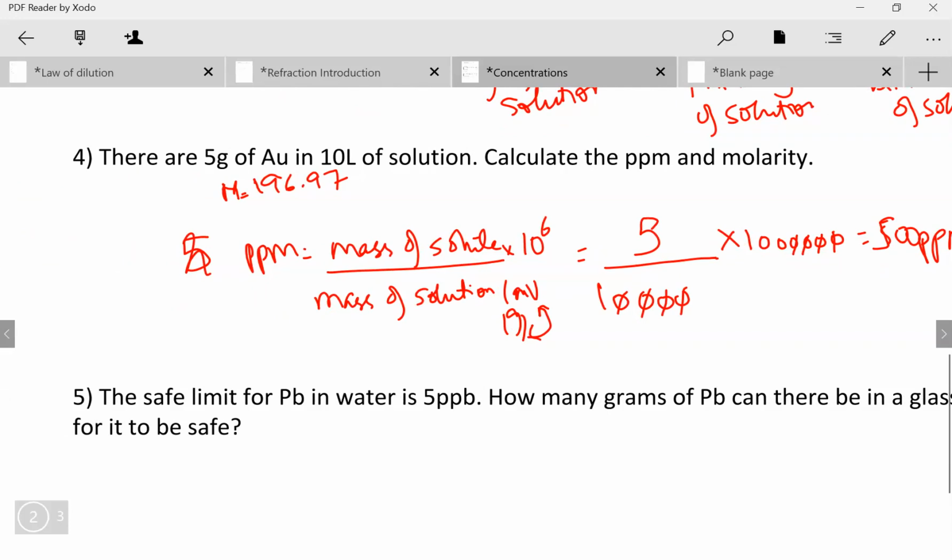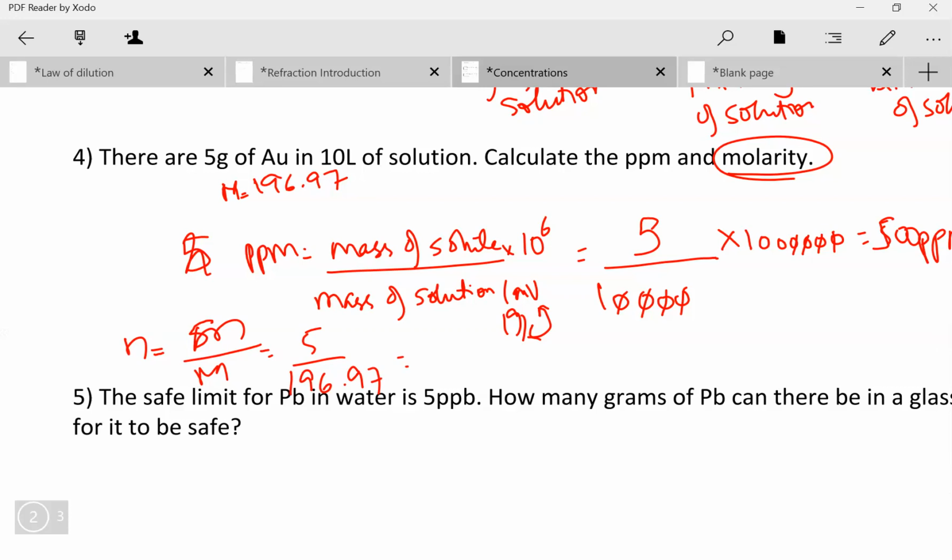So now molarity is going to be calculated by doing, first I have to find number of moles, which is mass divided by molar mass, 5 divided by 196.97. Let's do that calculation. 5 divided by 196.97 is 0.0254 moles.